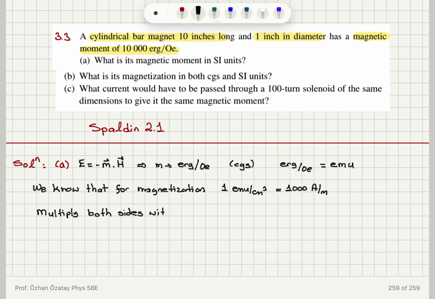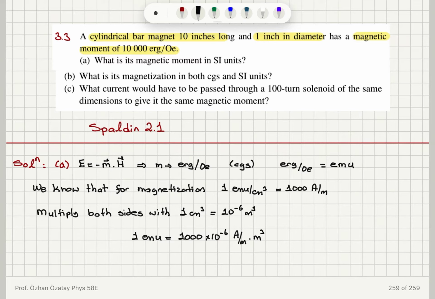this is to find the conversion between magnetic moments in SI and CGS. 1 centimeter cube is 10 to minus 6 meter cube. So we will find that 1 EMU is equal to 1000 times ampere per meter times 10 to minus 6 meter cube.